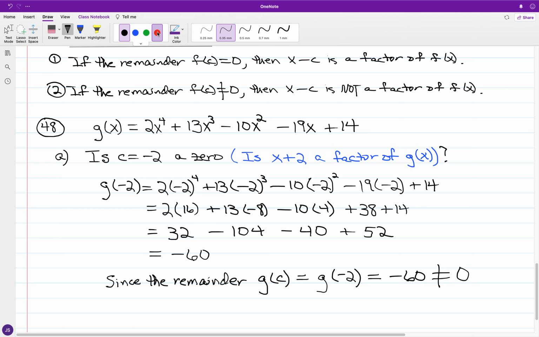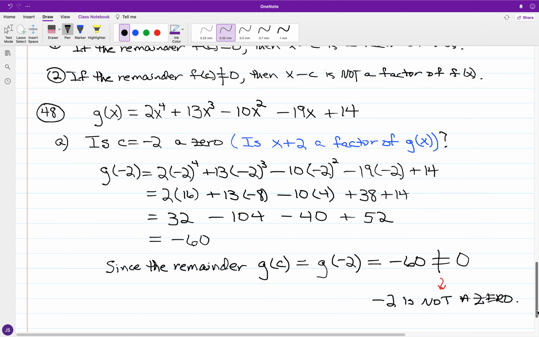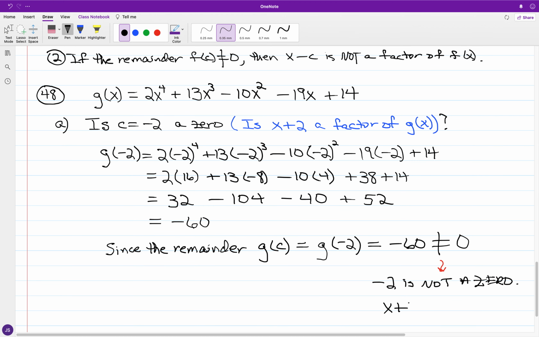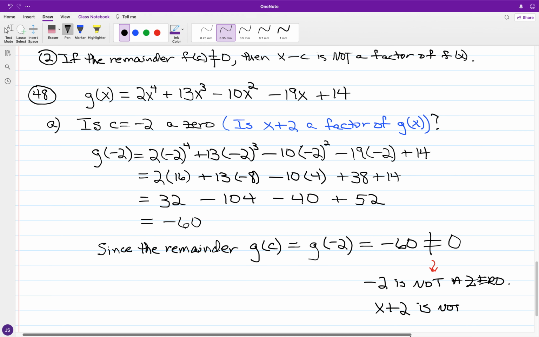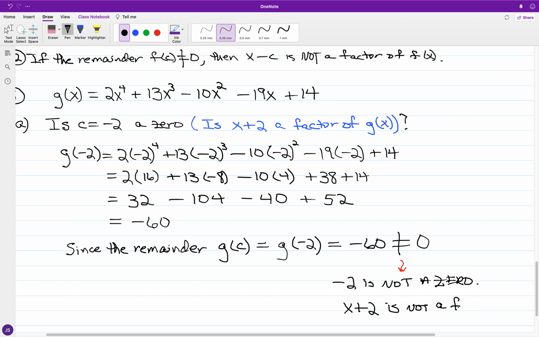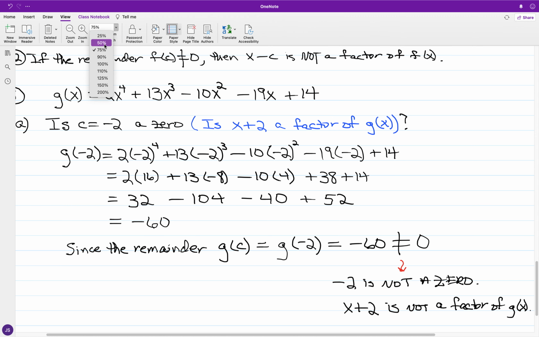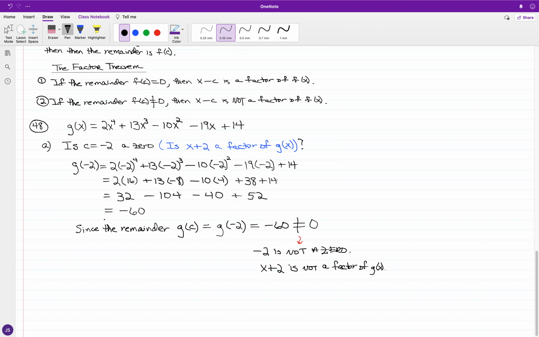By the factor theorem, negative 2 is not a 0, and so x plus 2 is not a factor of g of x.